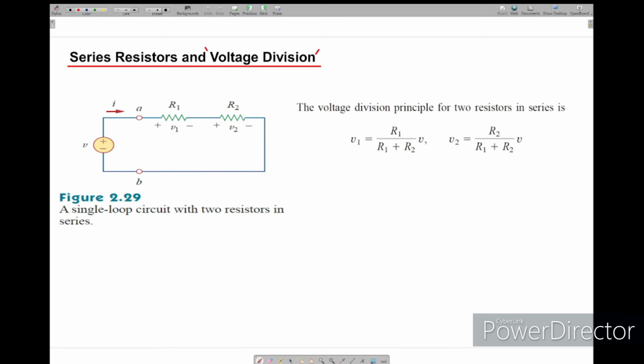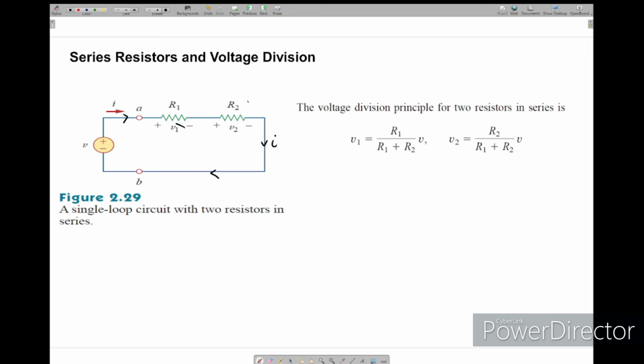So next is series resistors and voltage division. The voltage division principle we can use when two resistors are connected in this fashion. So now we can find V1 and V2 by using the voltage division rule. If you see the current I in the series network, it is coming like this.